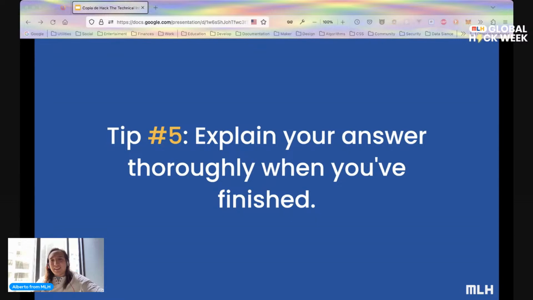The last one is a very handy tip. Tip number six is watch your time. This is really hard for most people, because they tend to take a lot of time resolving the problem, or other people tend to take a lot of time improving the result, refactoring, and they have no time left for explaining the answer or walking the interviewer through the process.